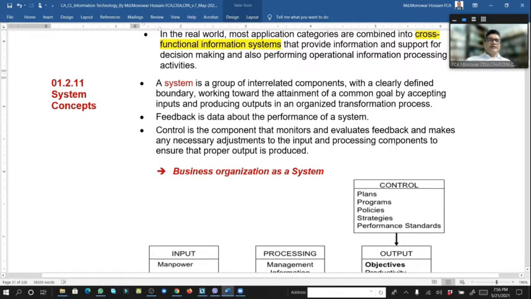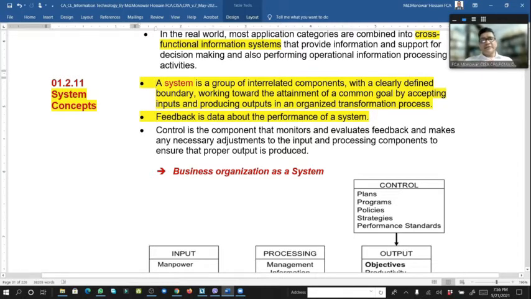Now if we see the system concept, what is the system concept? A system, again we can say, is a group of interrelated components with a clearly defined boundary working towards the attainment of a common goal by accepting input and producing output in an organized transformation process.